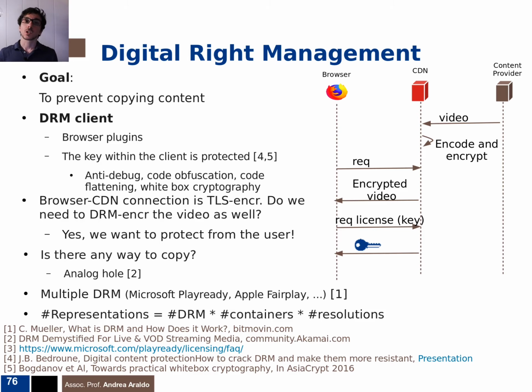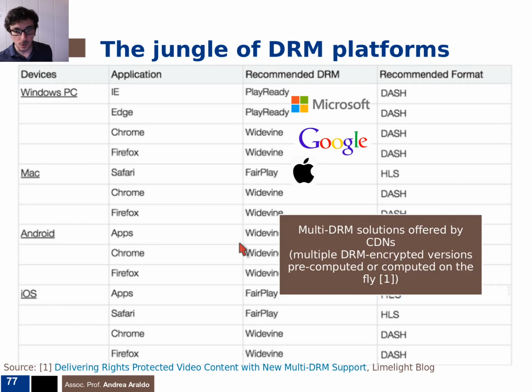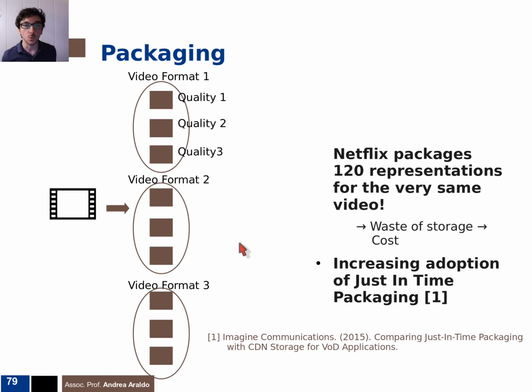If you want to reach a large audience, you want to be watched by any user, so the result is that you need to take a single video and transform it into a very large number of representations.